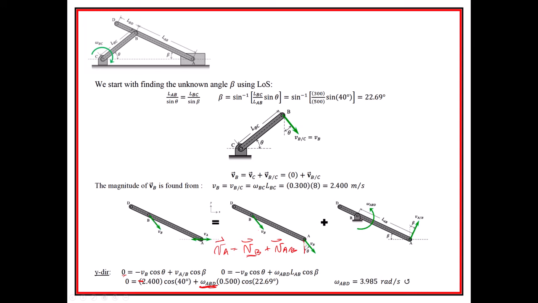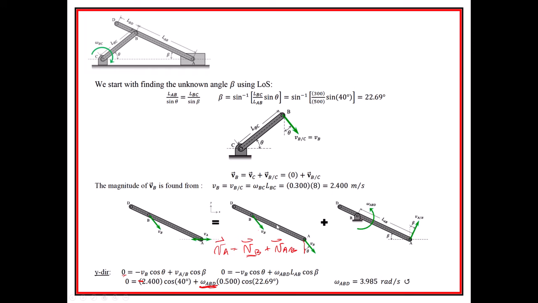VB is already going downwards, but there is no y component to VA. Therefore, this has to rotate clockwise about B in order for there to be a vertical component that would counteract the vertical component of VB. That's what gives us the ability to find omega, because VA has no y component.